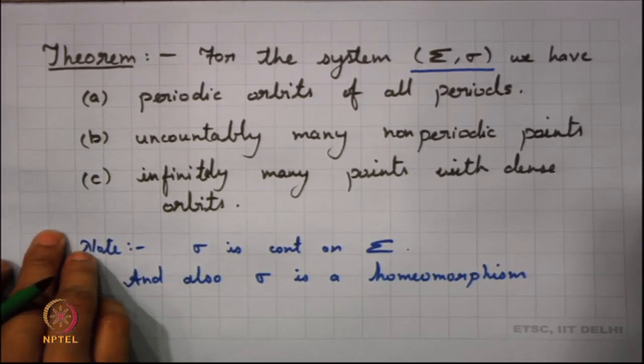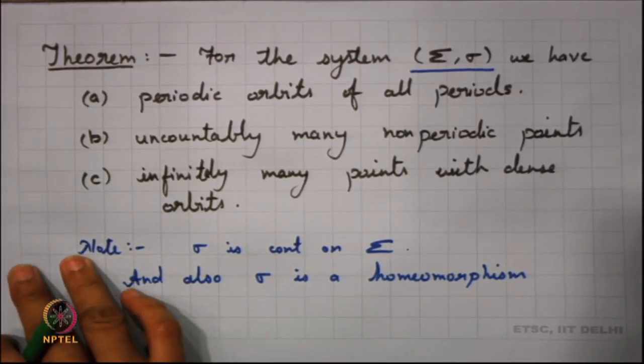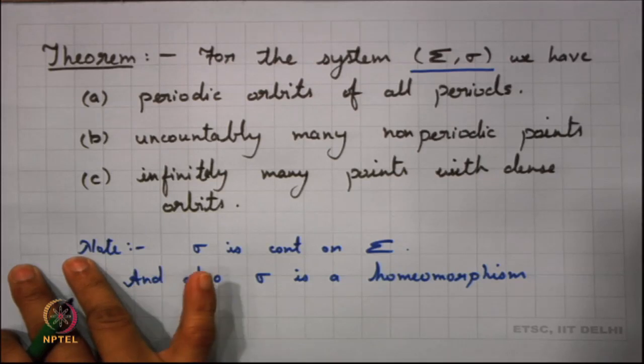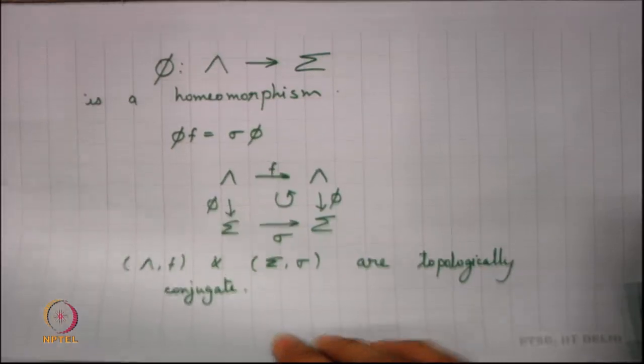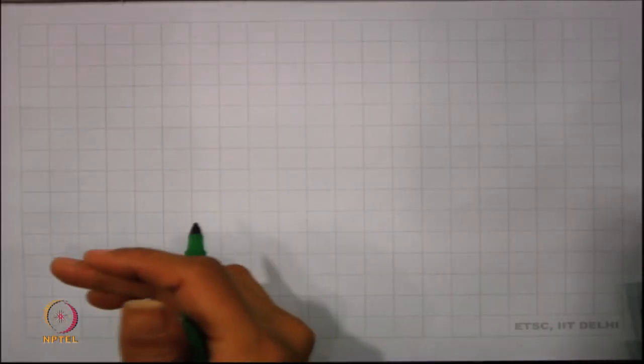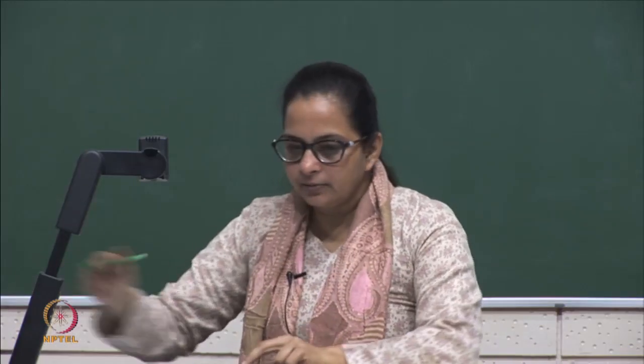We knew something about our system sigma sigma. We have periodic orbits of all periods, we have uncountably many non-periodic points, and we also have infinitely many points with dense orbit. So, what we can conclude is, again I should write it in terms of the theorem here.